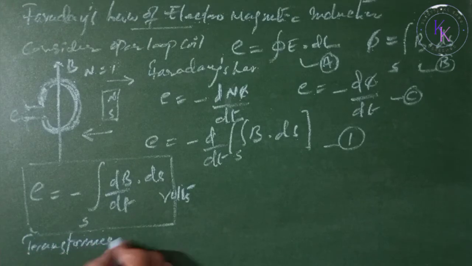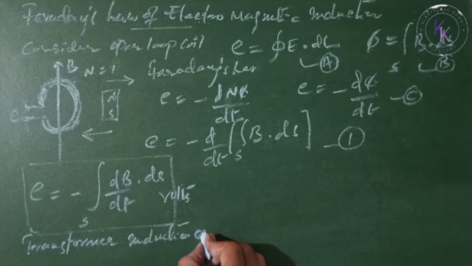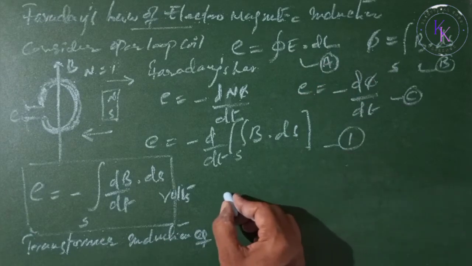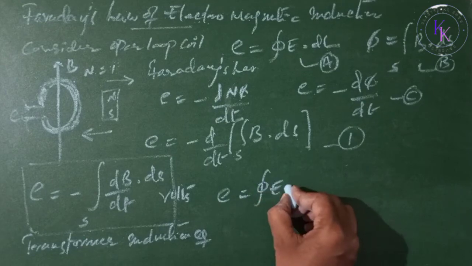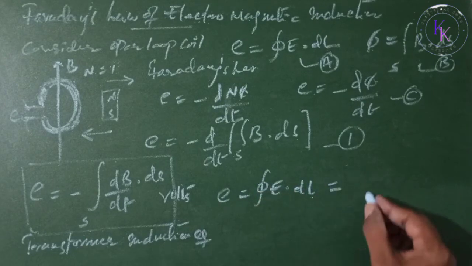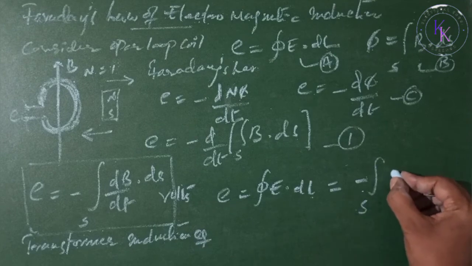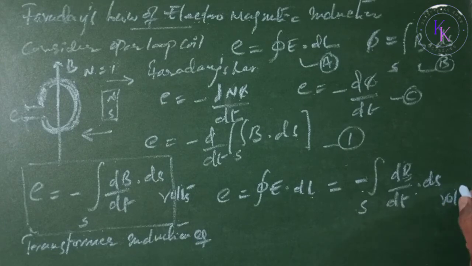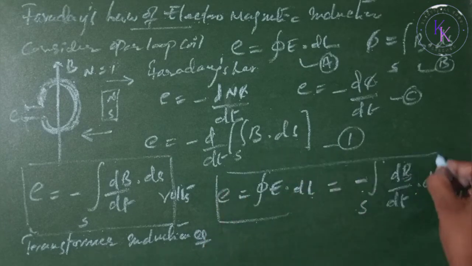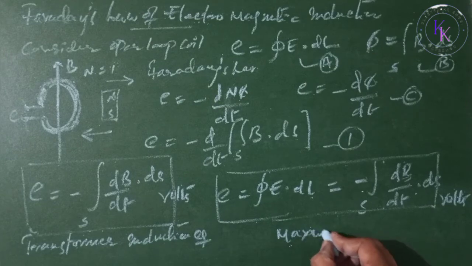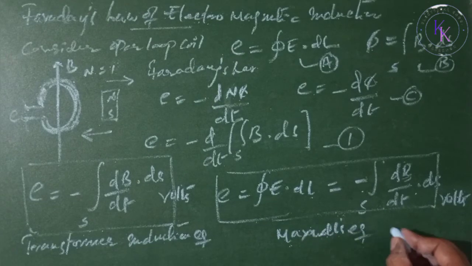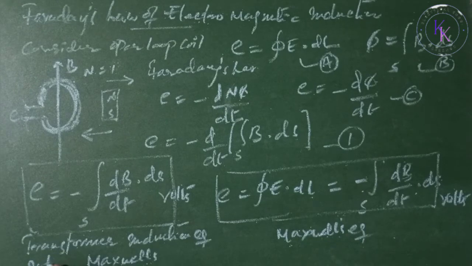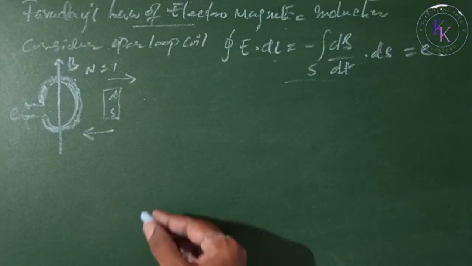From A and 1, we can write E equals the closed line integral of E dot dl, which equals minus the surface integral of dB by dt dot ds, also in volts. This relation is known as Maxwell's equation derived from Faraday's law, and it is also known as the integral form of Maxwell's equation. Try to derive the point form or differential form.